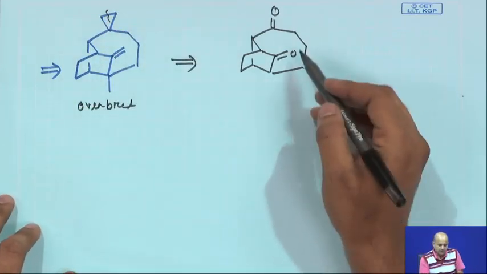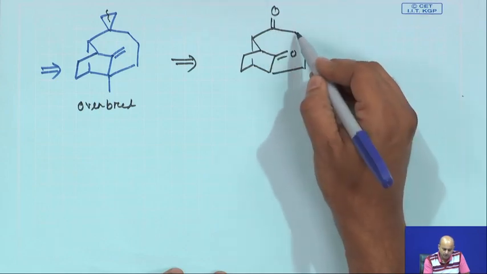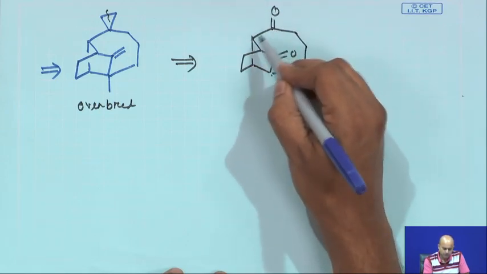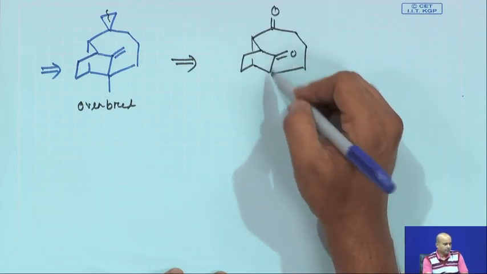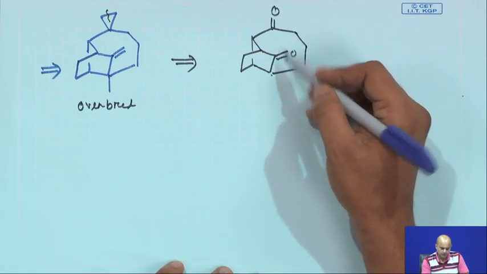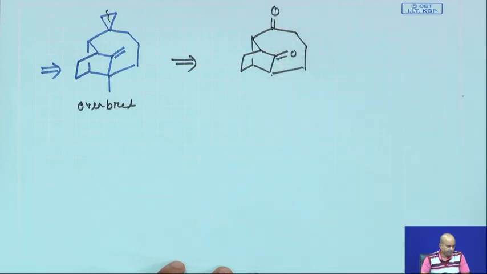Fine. Now, if you see this dicarbonyl structure, you try to count it 1, 2, 3, 4, 5, 6, and this is 1, 2, 3, 4, 5, 6. So, this dicarbonyl was the main feature of this particular compound.